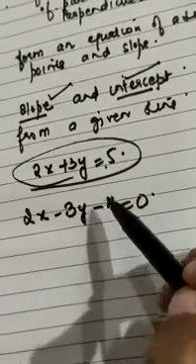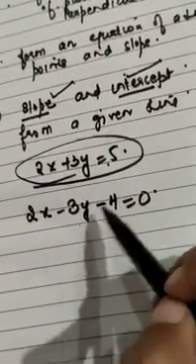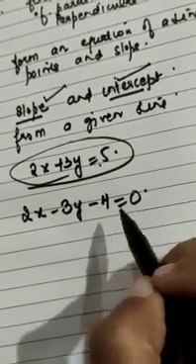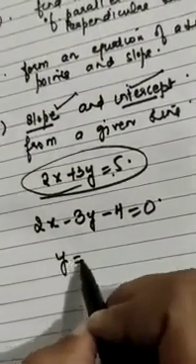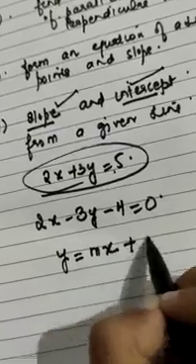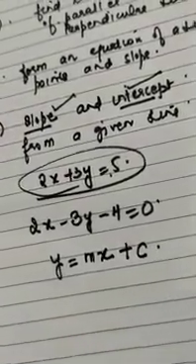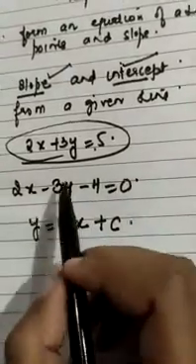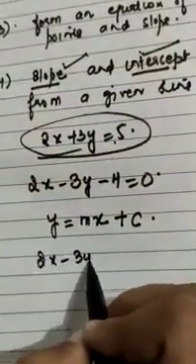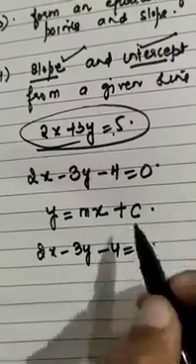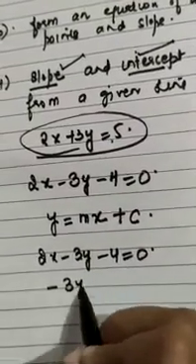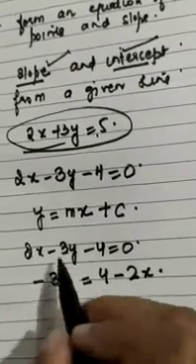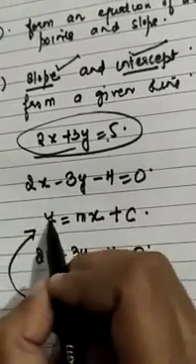To find the slope and intercept by using this equation, we will first convert it into the form y equals mx plus c. So 2x minus 3y minus 4 is equal to 0. Minus 3y will remain here, 4 minus 2x. Now we have to convert it into this form.